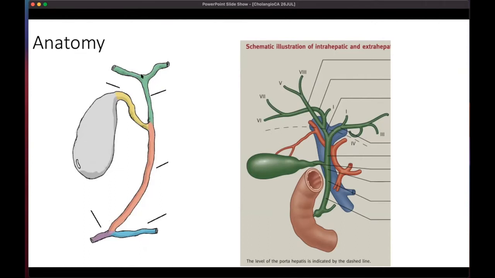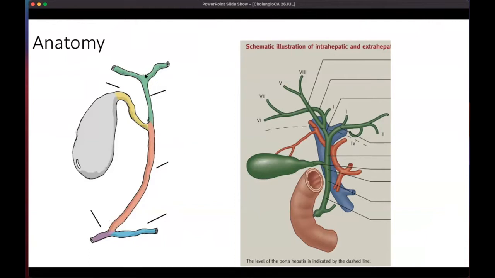I would call that the confluence, but the hilum is the term for where basically the portal triad comes into the liver. So the hilum really, there's this thing called the hilar plate, which is where the liver and the bile ducts, as well as the arteries and portal vein interface. And it's usually right on top of the bile duct here.